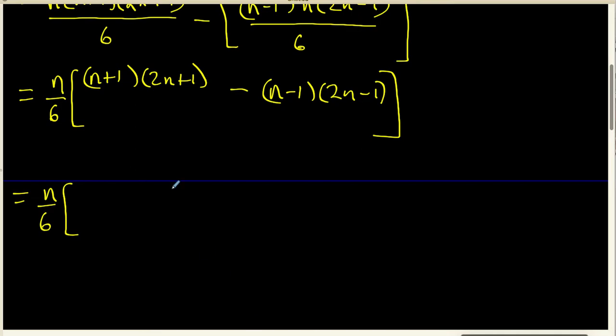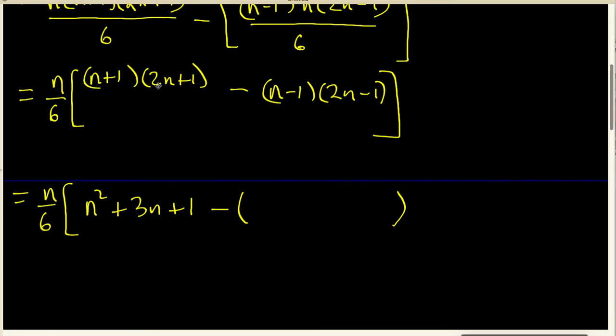For this multiplication here, I'm going to get 2n squared, and then I'm going to have 2n plus one more n, we're going to have 3n, and then I've got a plus 1 at the end. And now I need to have this minus sign multiply everything, so I'm going to leave that minus sign out. And I get n times, I made a mistake here.